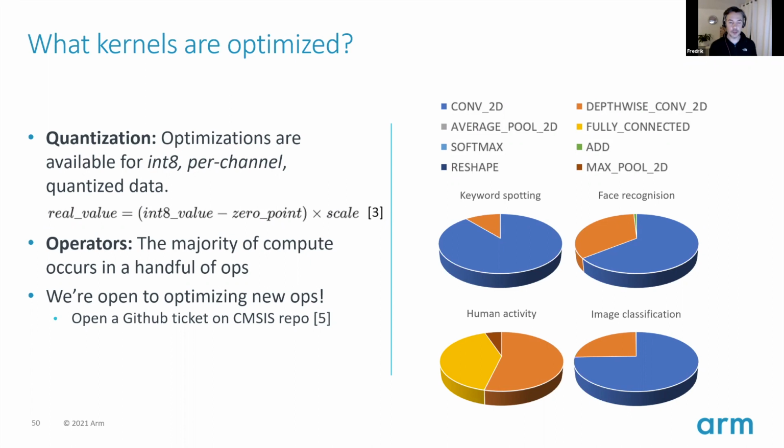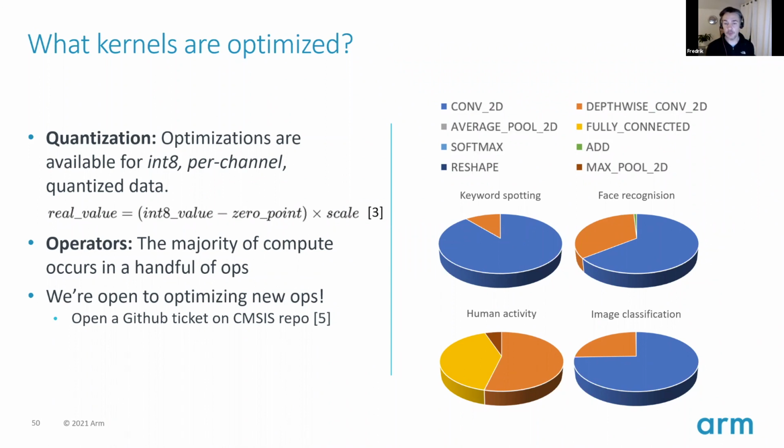Operators, what operators do we optimize? I think we've talked about it a couple of times, but it's worth an extra mention. The main compute, the main number of cycles, happens in only a handful of kernels.